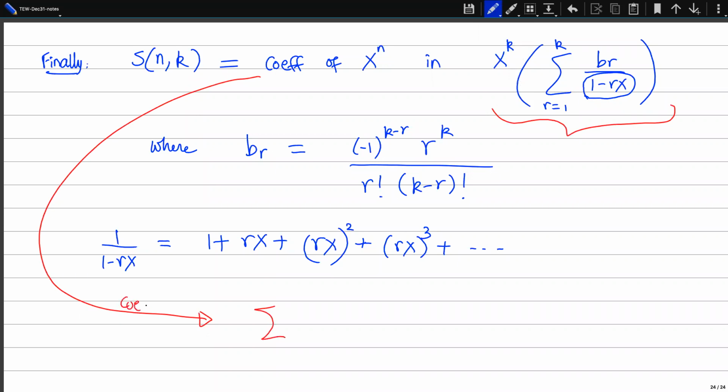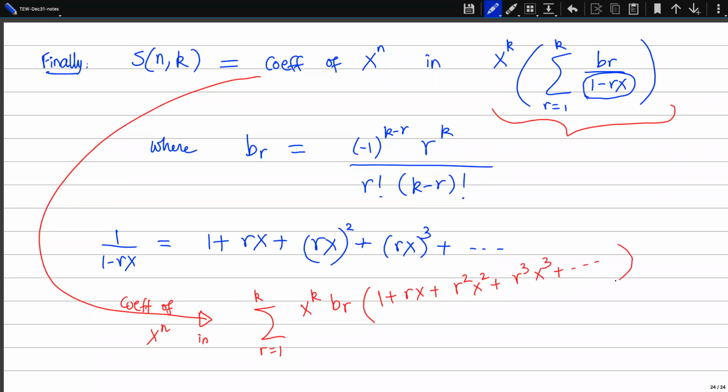I want to find the coefficient of x power n in the summation r goes from 1 to k, x power k b_r into, so 1 minus rx, I have to write like this, 1 plus rx plus r squared x squared plus r cubed x cubed, and so on.